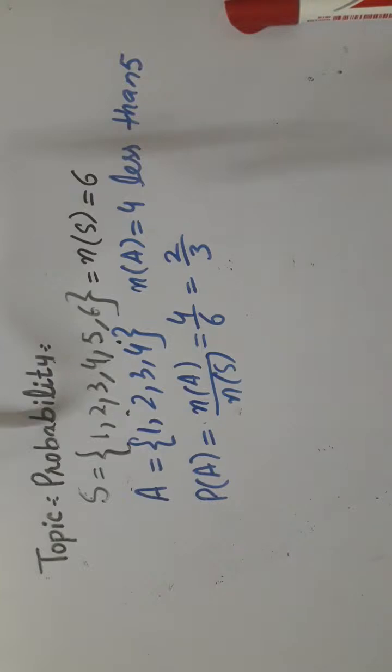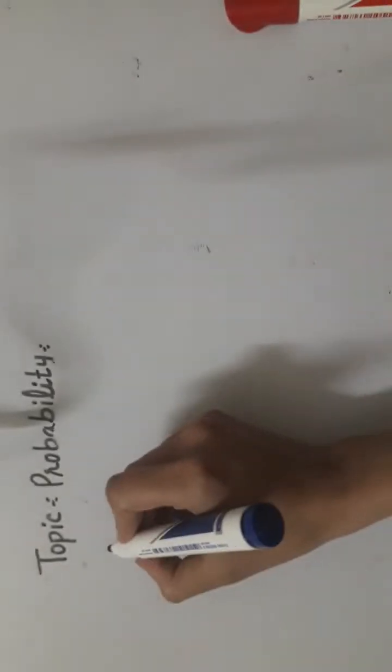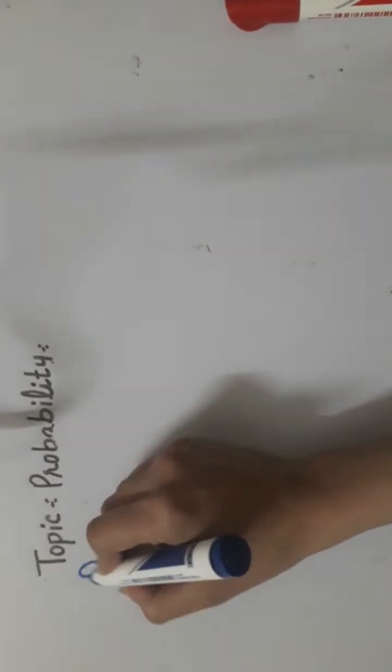Now we will solve another important question that is mostly asked in exams. I will write the question. You should also try to do this in your notebooks and match your answer.